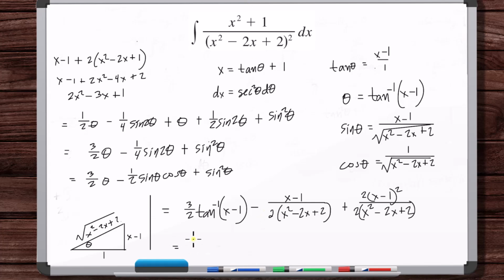Okay, so this would have a minus sign out front of this. Yeah, so that's fine. So we could say it like that, plus C.